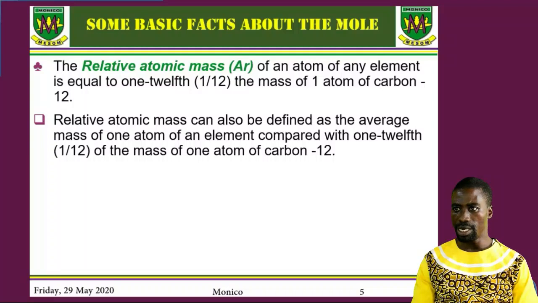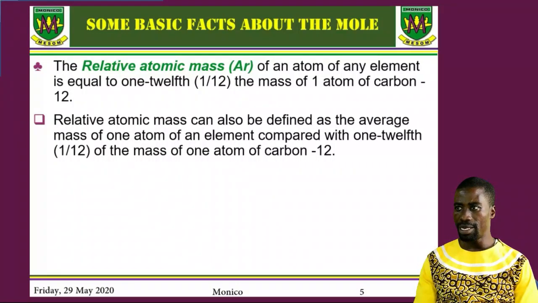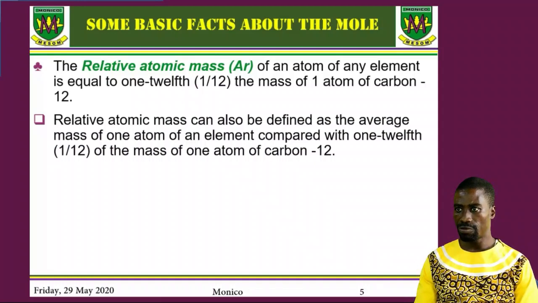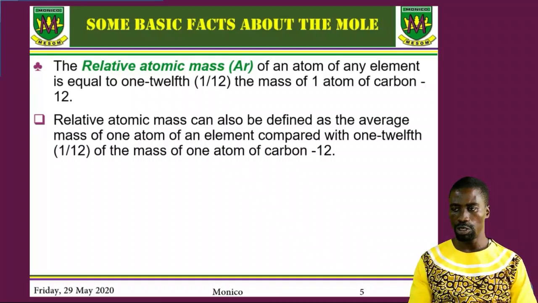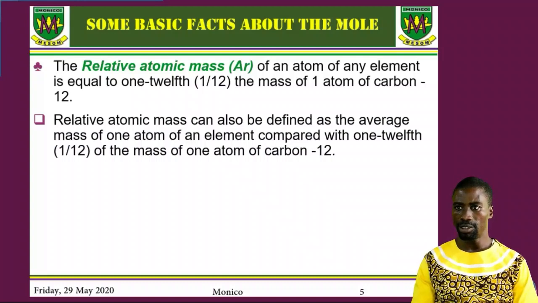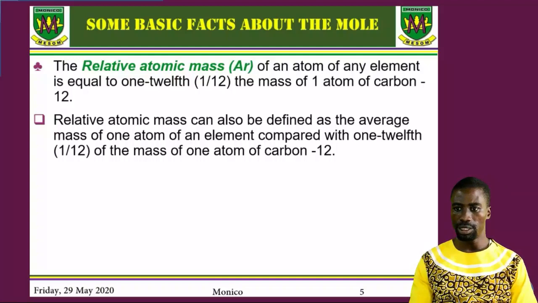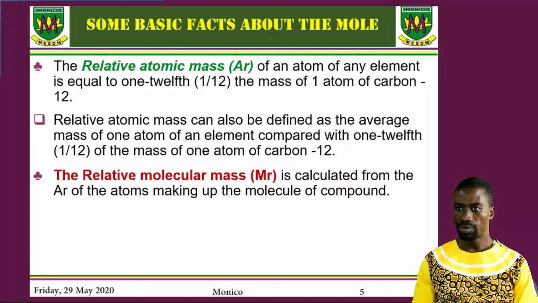You can also define it as the average mass of one atom of an element compared with 1/12 the mass of one atom of carbon-12. You are just making a comparison between that atom and carbon-12. We saw this in unit 1.